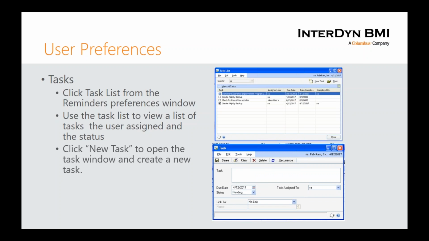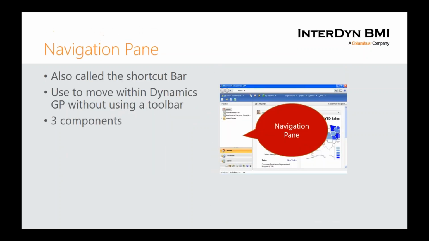And you kind of see the new task screen down there, which I'll show here in the software in just a second. And then I think about the last part here is the navigation pane, which is kind of the left part of our home page, where we can navigate through the system, again, without using those more traditional menus across the top.